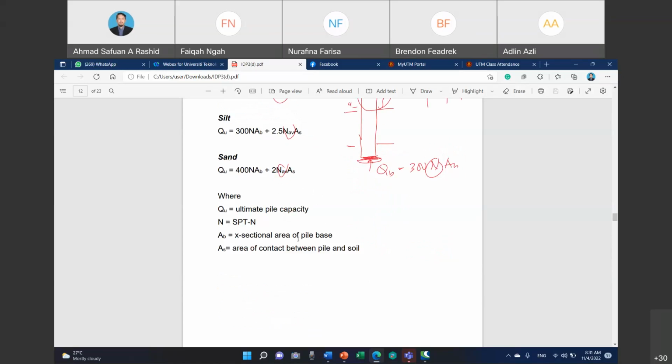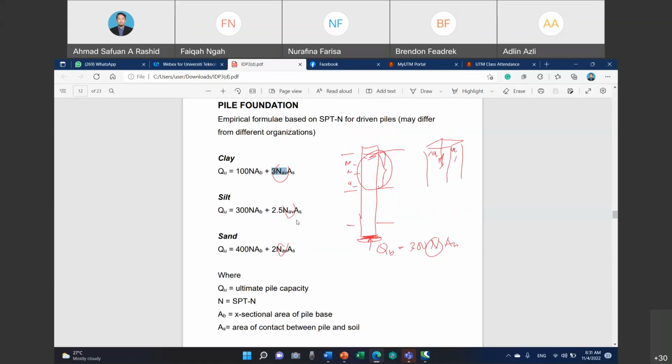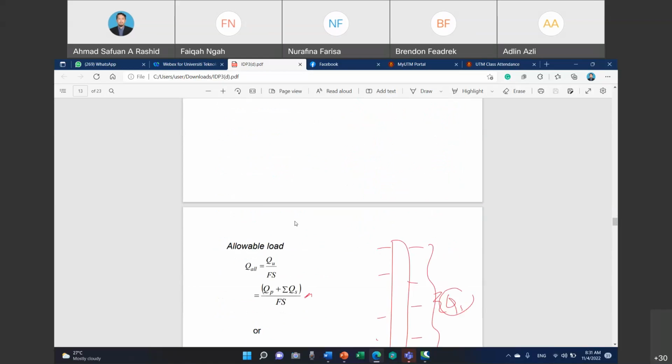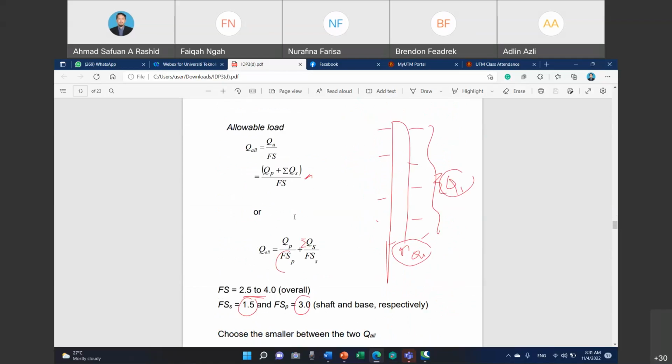So AB is the area of pile base, whereas AS is the contact between pile and soil, which is the perimeter times the height untuk dapatkan the friction between the soil and the pile. So from that ultimate load, you need to divide with the factor of safety lah.